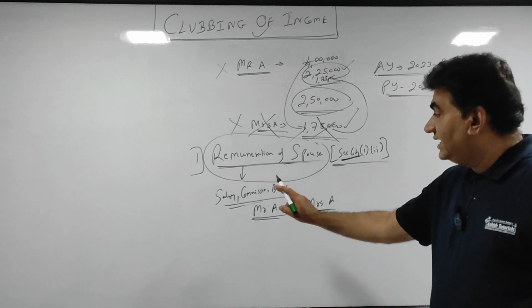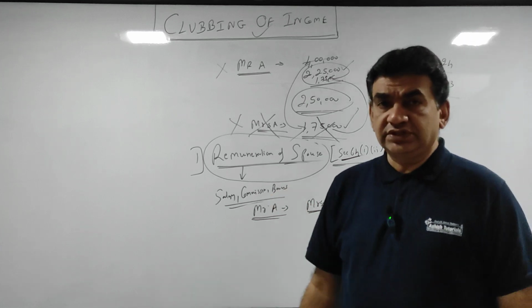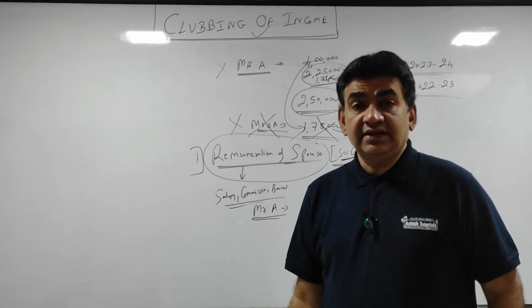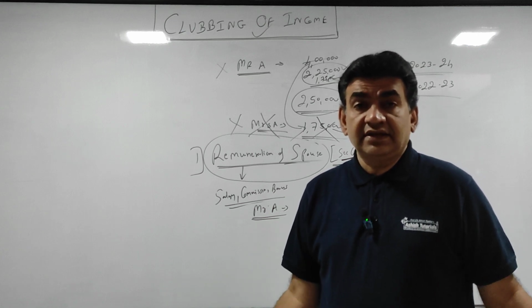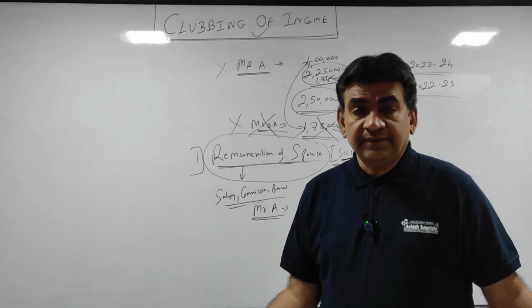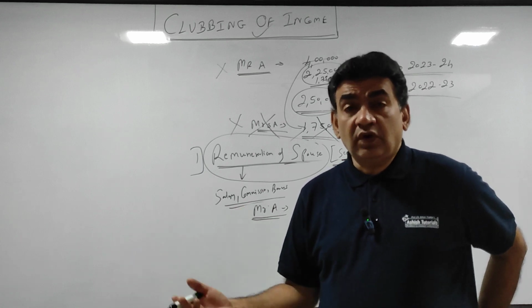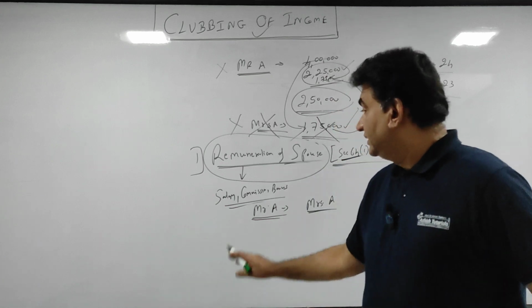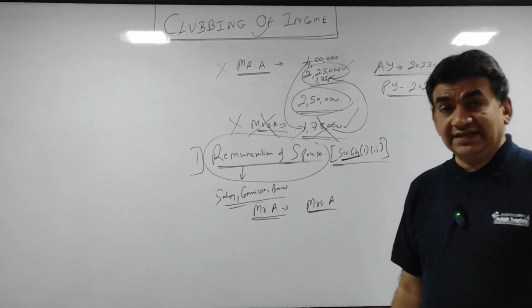Now when I say remuneration, salary, commission, bonus, you all know when salary or bonus will come? When you are working with a company, when you are an employee with a particular company or an organization, only that time you get salary.